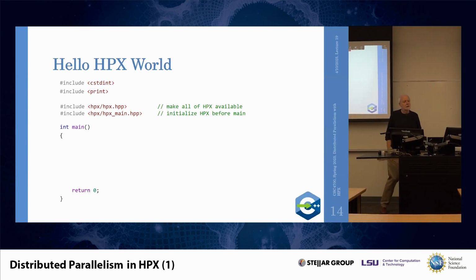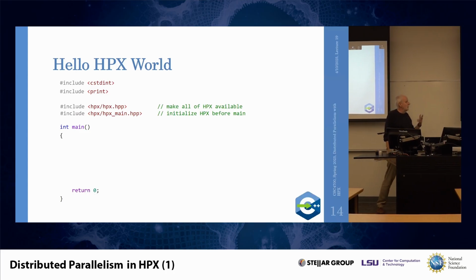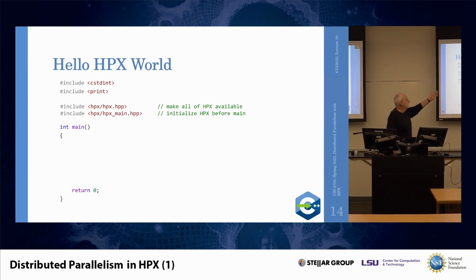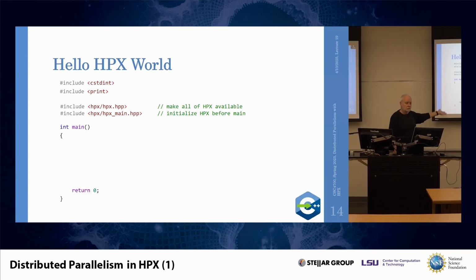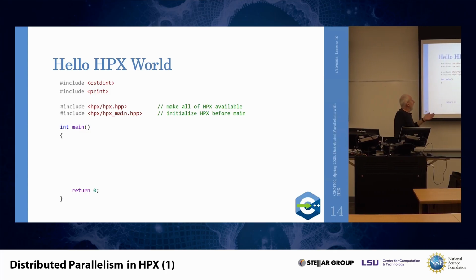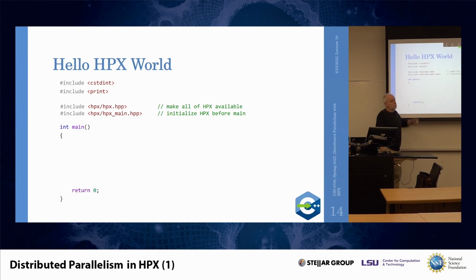And this HPX main will make sure that HPX will be initialized when main starts running, which is the most convenient way to use HPX. So you don't have to worry about initializing it or how to tear it down. All of that is magically happening in that HPX main header file.